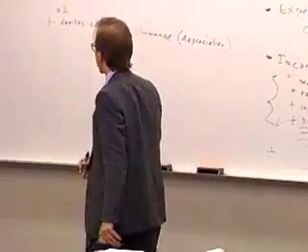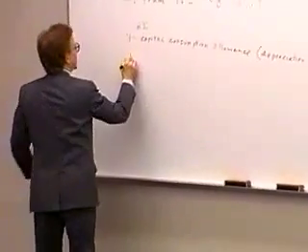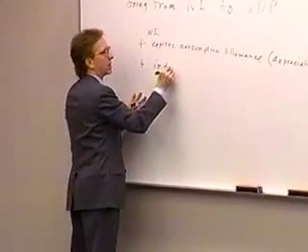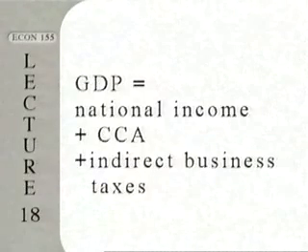Okay? A second category, or a second thing that we add in: indirect business taxes. Now this term indirect is probably a little bit unfamiliar to you, but direct taxes are like income taxes in the terminology they're using here.